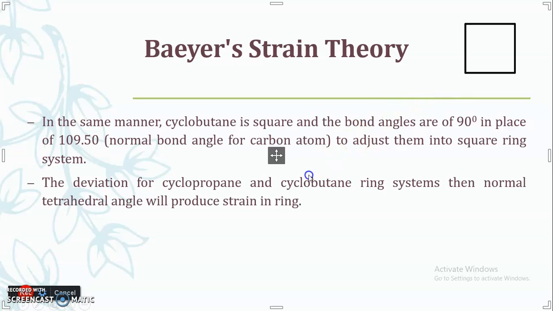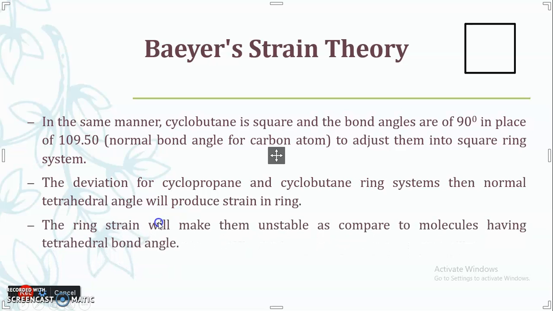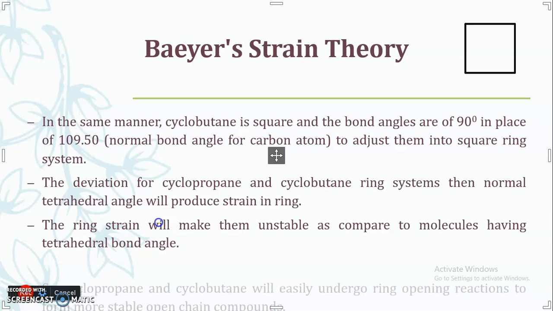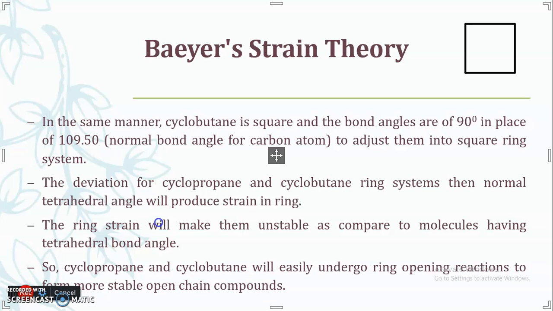The deviation in cyclopropane and cyclobutane ring systems from the normal tetrahedral angle will produce strain on that ring. The ring strain will make them unstable compared to molecules having the tetrahedral bond angle, and so cyclopropane and cyclobutane will easily undergo ring opening reactions to form more stable open chain compounds.